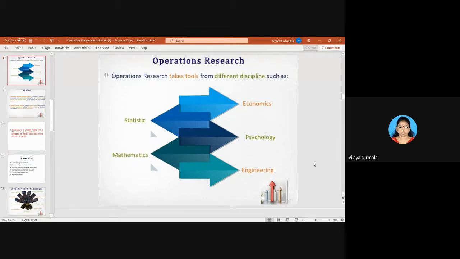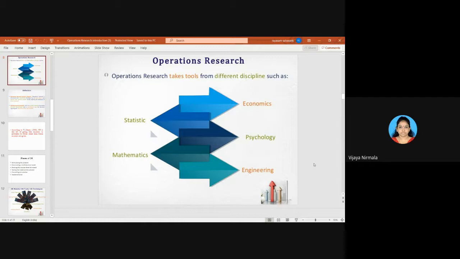Now, you may think it is used only in mathematics. No, operations research is a mathematical technique, and it is used in all these. I think you are comfortable with the introduction about operations research and where we use it.